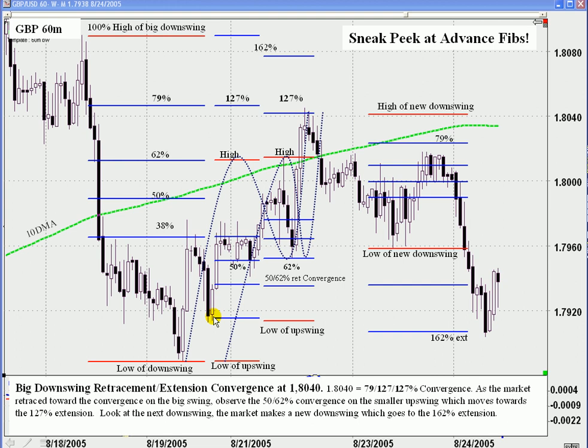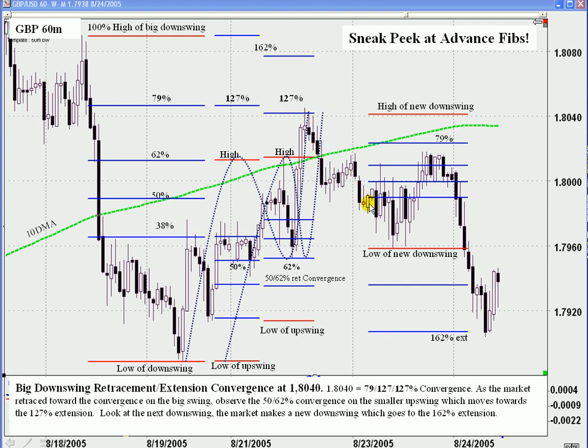Then from this low right here, price rallies, retraces 62%, and rallies to 127%. So we've got a double 127 and a 79% extension, and then the exhaustion.